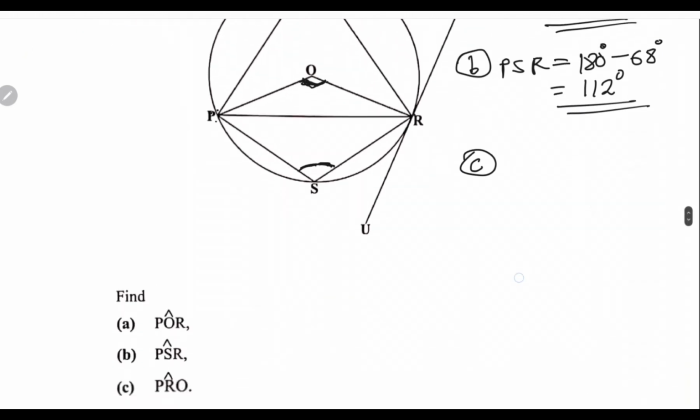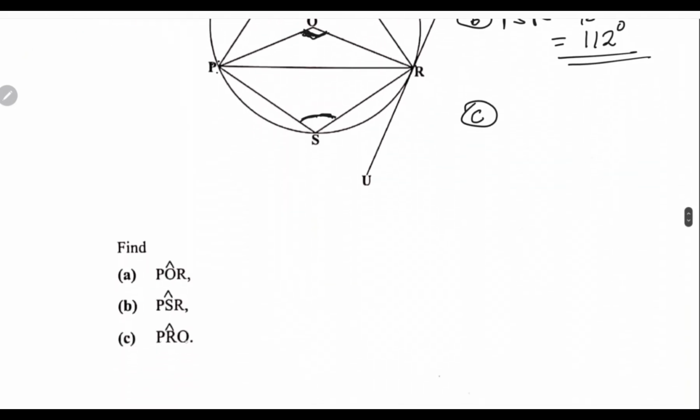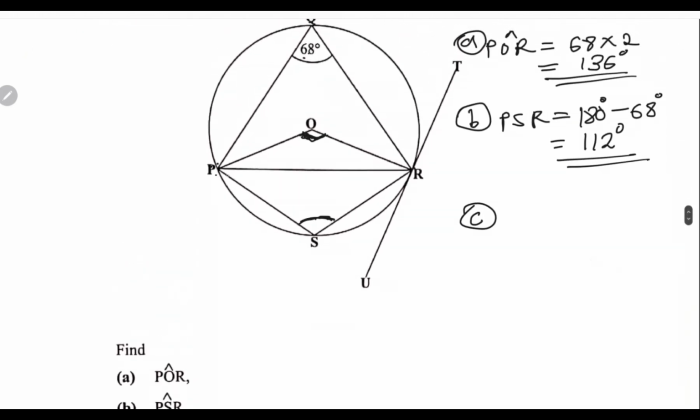Part C, so in part C we are asked to find angle PRO. So this is the angle. Now let us take a look at this triangle. So we have this triangle OPR. If you see OP, this is the radius. Again, OR, this is the radius. So what does it mean?